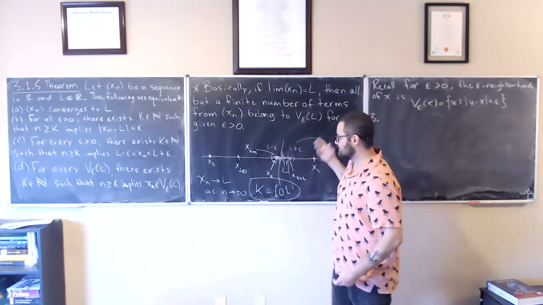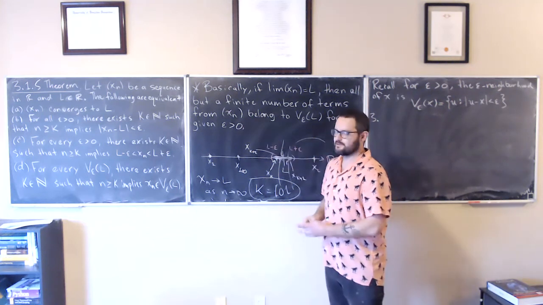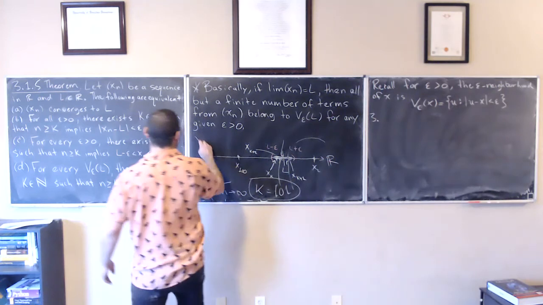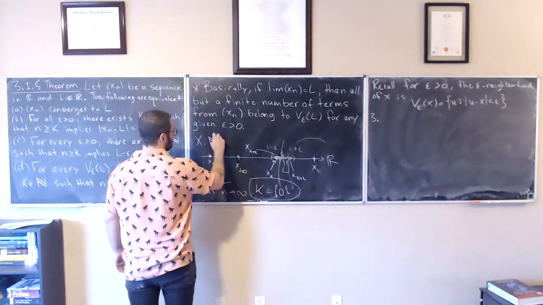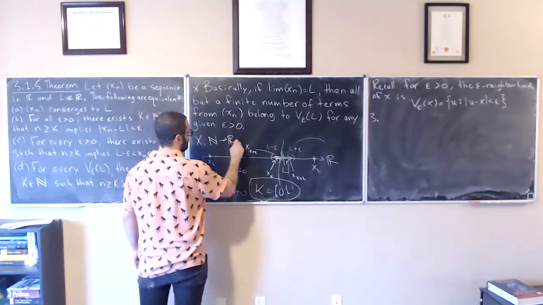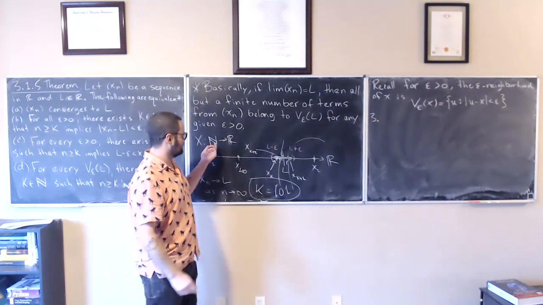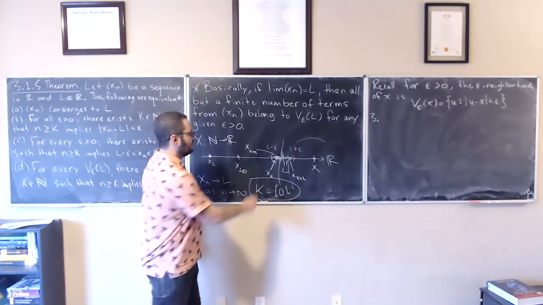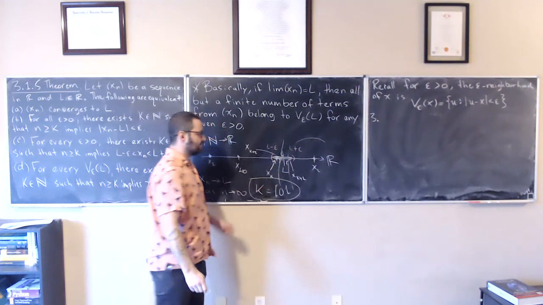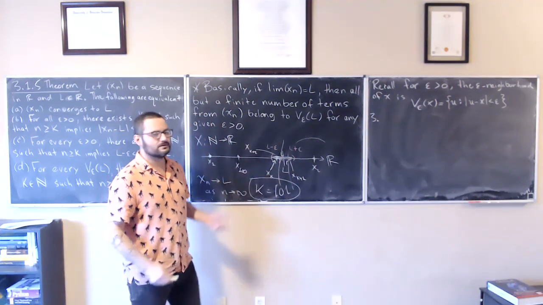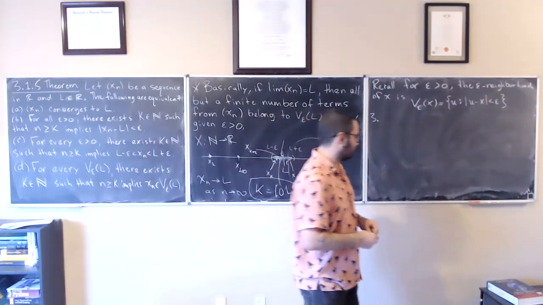Because the sequence has domain the natural numbers, there are infinitely many terms mapped, and infinitely many terms in the sequence need to be bunched up close around L. That's the idea behind convergence here.